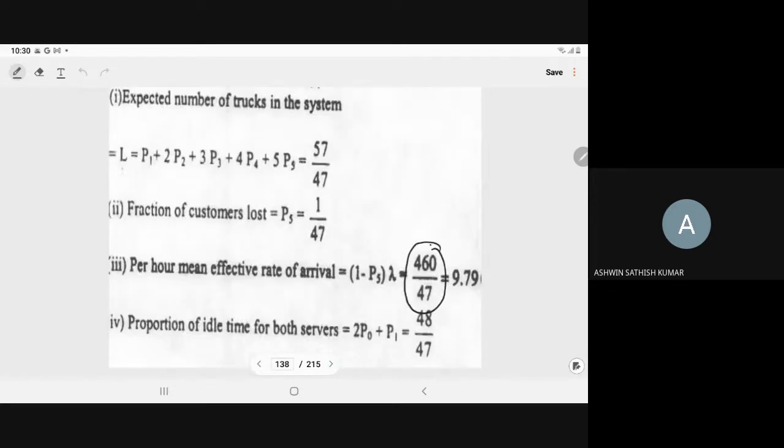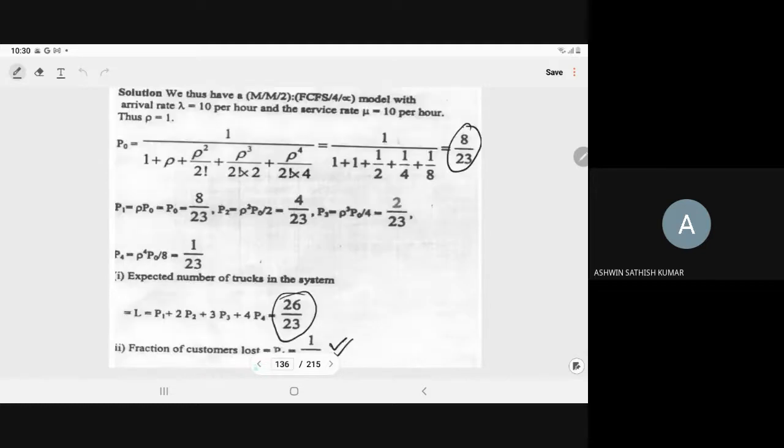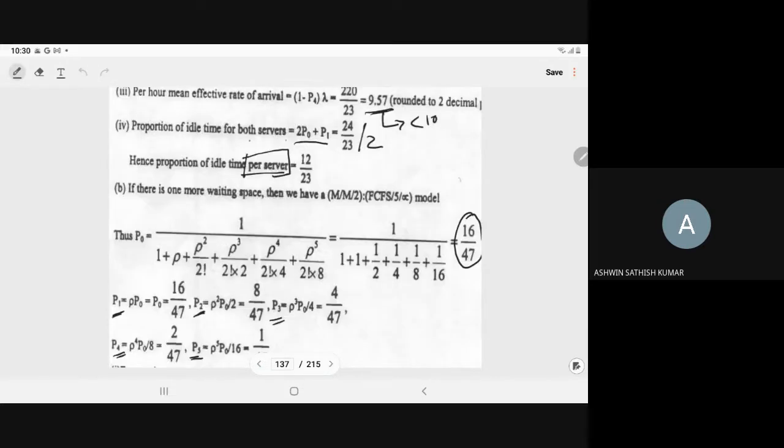So here you can see this is 9.79, and here we have this, 9.57.